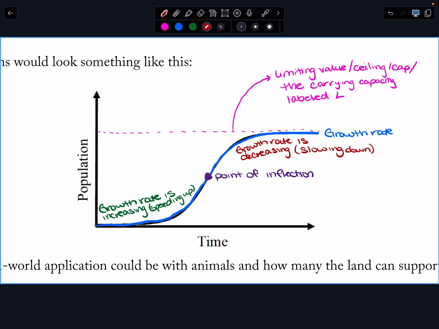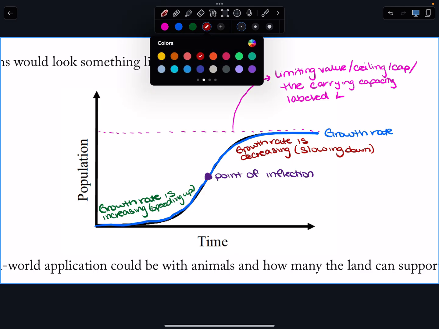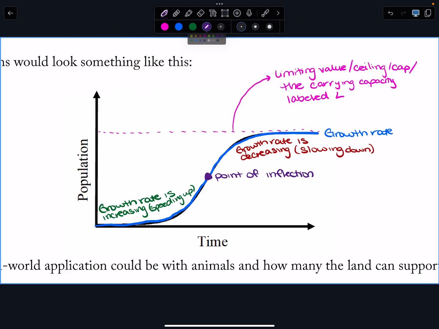This point of inflection has a coordinate point. Its coordinate point is some sort of time, comma, my limiting value divided by 2. So it takes the limiting value, whatever that limiting value is, and divides it by 2, that's where your point of inflection is. Always divided by 2.